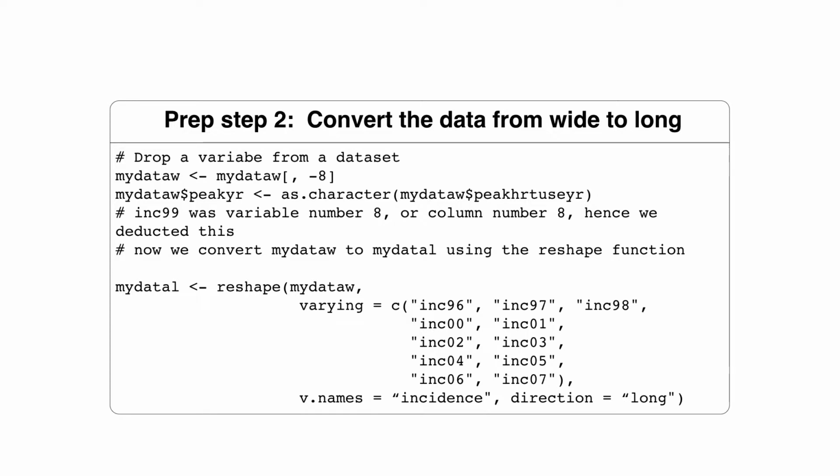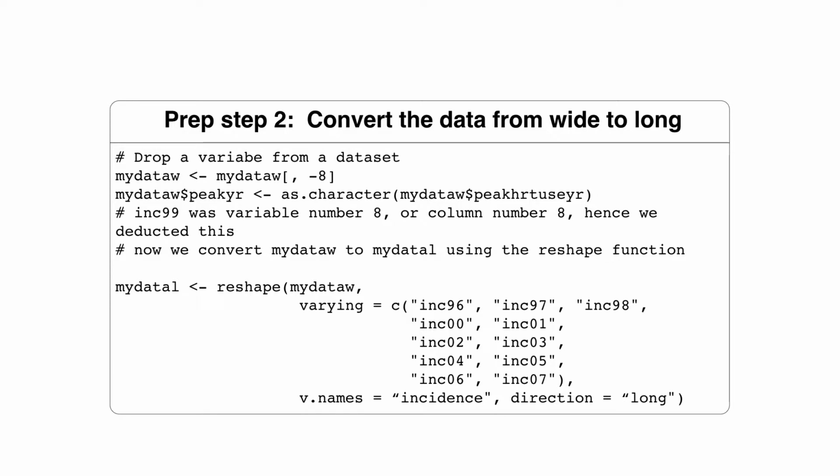So you see that we have INC 96, INC 97, and so on till INC 07, which stands for the age adjusted incidence rate as calculated for the year 2007, and we have named the variable incidence, and we have converted the data from a wide to a long direction. So you've got repeated measures of those data sets.